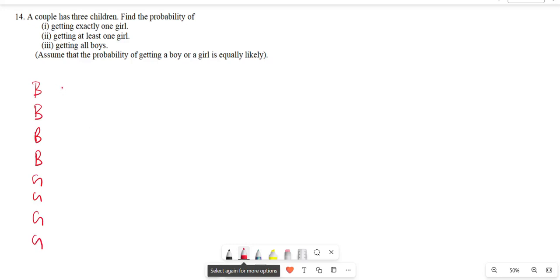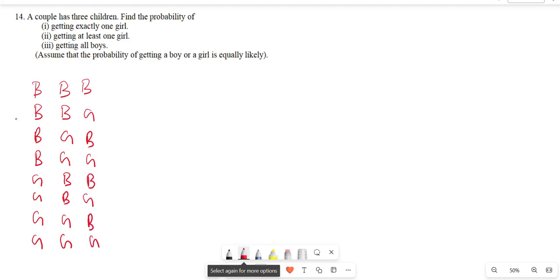In the second column: boy, boy, girl, girl, boy, boy, girl, girl. The next column: boy, girl, boy, girl, boy, girl, boy, girl. We put it as S equals, with commas in between. This is your sample space. You do not need to remember or think about anything, you can just write it this way.